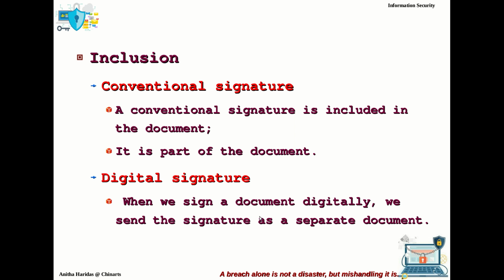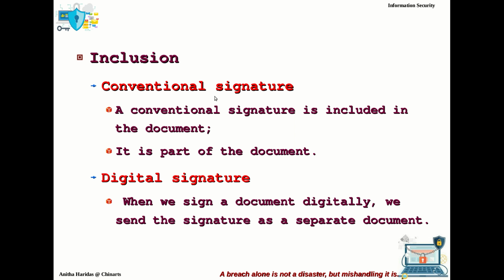But when we sign a document digitally, we send the signature as a separate document. That means the sender will be sending 2 different documents over the network: the message as a separate document and the signature as a separate document. So this is one difference between the conventional and the digital signature.